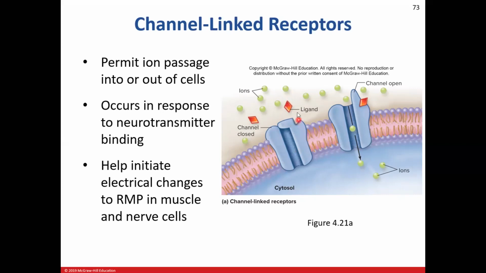As the ligand binds to it, it basically causes a shape change, and that causes the channel to open up, allowing these ions to flow through the channel. In this case, it occurs in response to the neurotransmitter binding it, and this is going to help initiate electrical changes to the RMP in muscle and nerve cells. So we'll talk a lot about channel link receptors and ligand-gated receptors as we get into muscle contraction and action potentials.